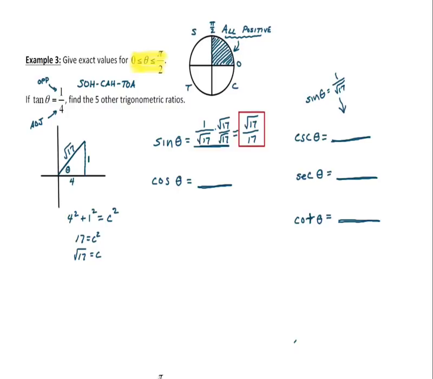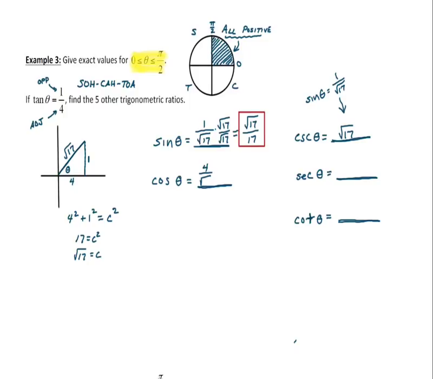The reason I would pick that one is that when I flip it, my radical would be on the top, and I wouldn't have to rationalize anything. So when I flip 1/√17, I just get √17. So cosecant of theta would just be √17. If you used the value for sine that I put in the red box and then flipped it and rationalized it, you'd get the exact same value, but it would create a little more work for yourself.